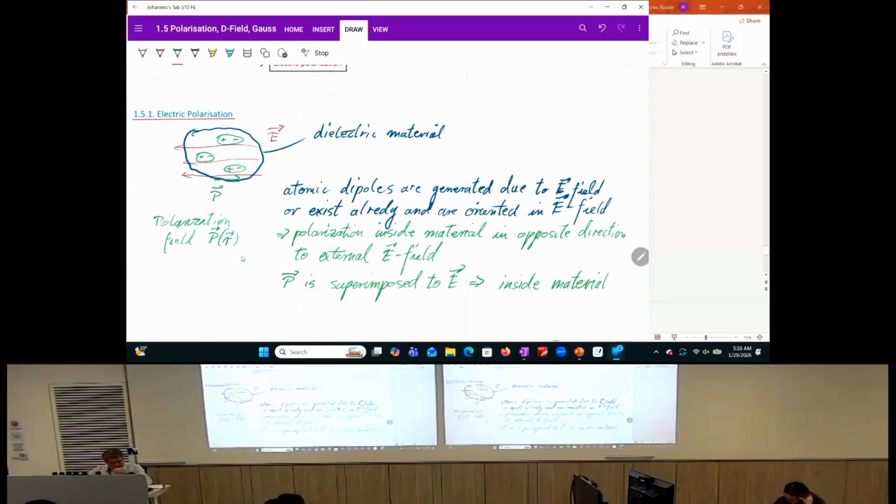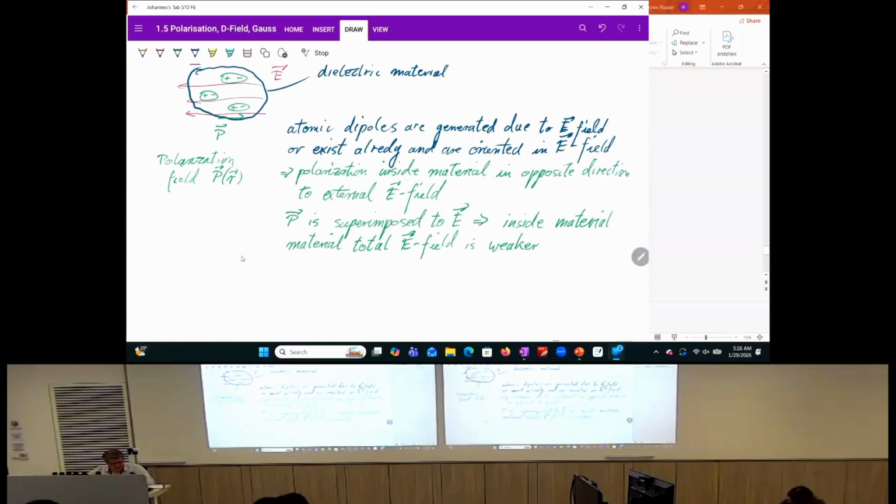So that means the total E field in the material is weaker than in the absence of that material. And this is actually already taken into account in Coulomb's law within the material, because now you have to bring the contributions of the charges within the material into the Coulomb equation.